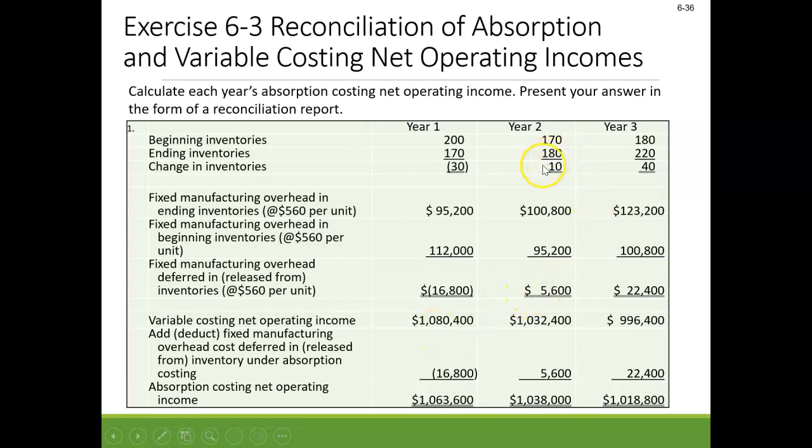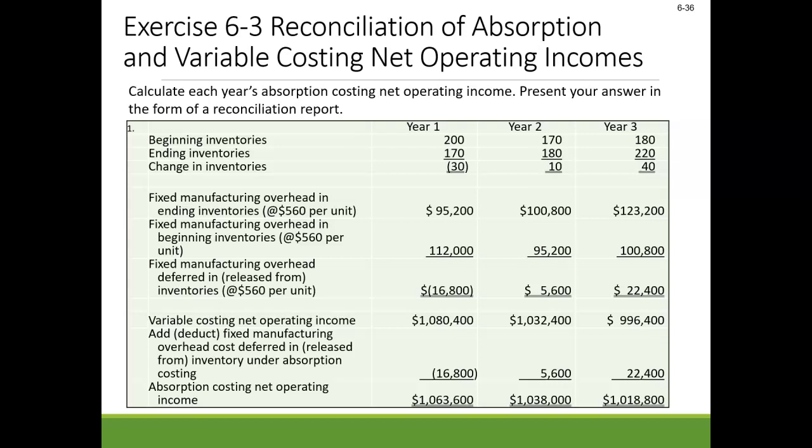However, in year 2 and in year 3, because we produced more than we actually sold, we're going to have a greater net income using the absorption method because that fixed piece is sitting in finished goods in the income statement.